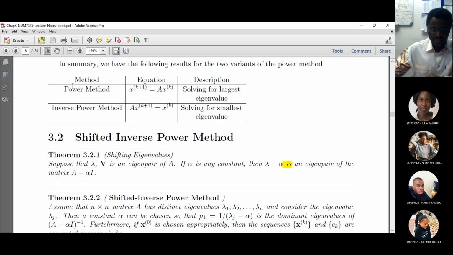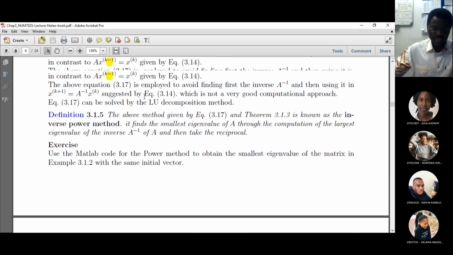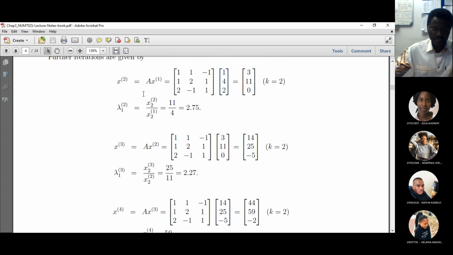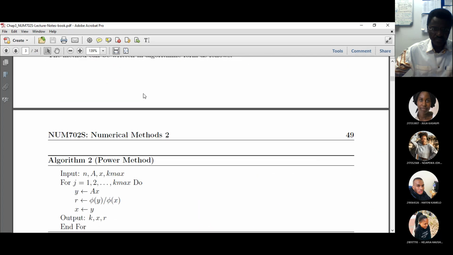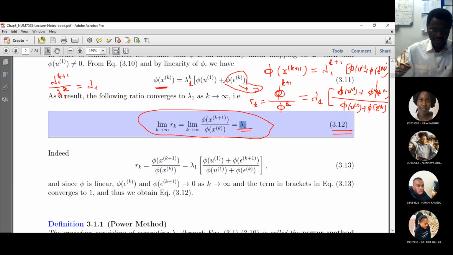To summarize, this is what you generate. So this is the sequence that you generate, and you perform a projection. You take the ratio to approximate the Rn, as I mentioned, right? If you look at the algorithm on this slide, you can see the approximation of our lambda 1, which is the dominant eigenvalue.